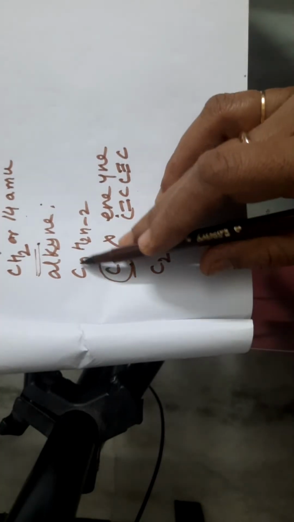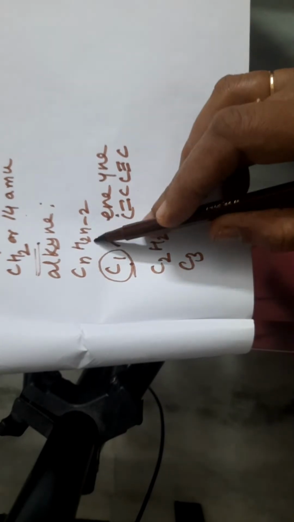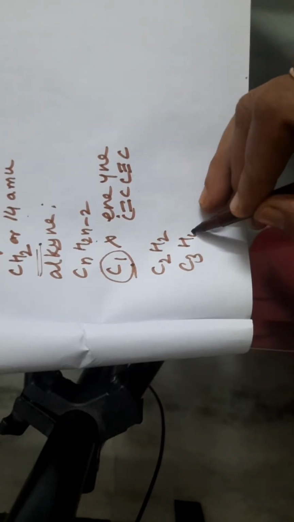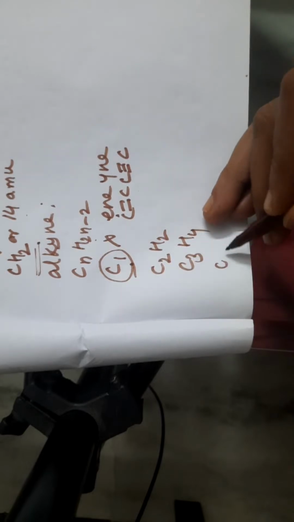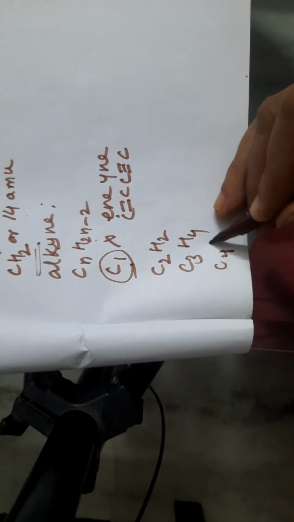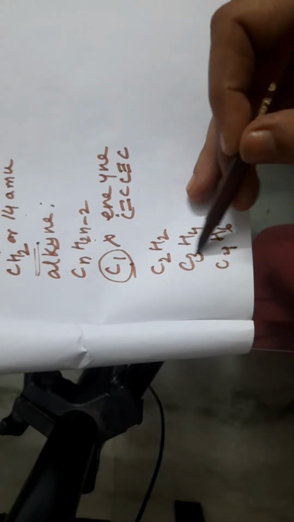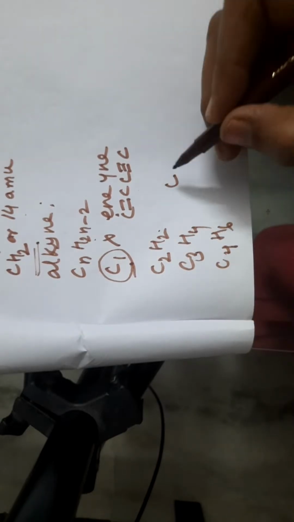If we replace n by 3, C3, 2 threes are 6, 6 minus 2, 4, C3H4. Like that you can make the other members, C4, 2 fours are 8, 8 minus 2, 6. If we compare them, there is a difference of 1 carbon, 3 minus 2, 1 carbon, 4 minus 2, 2 hydrogens.